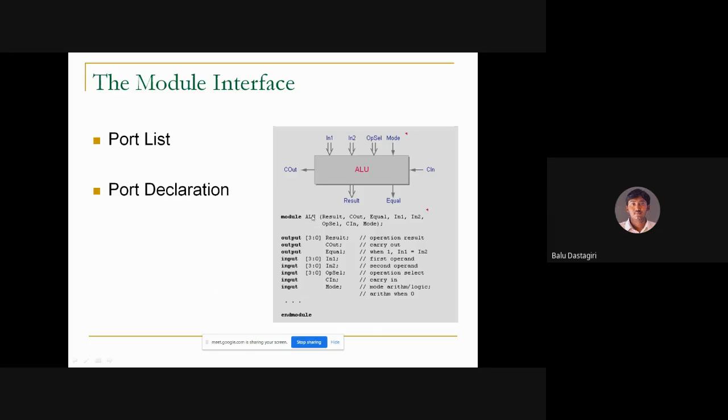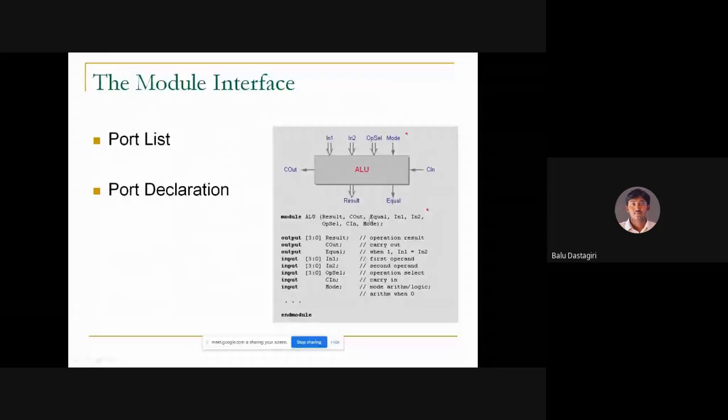Next, first they have specified the outputs, result and Cout. After that, they have specified the inputs: in1, in2, opselect, mode, cin. So module name, then port list.